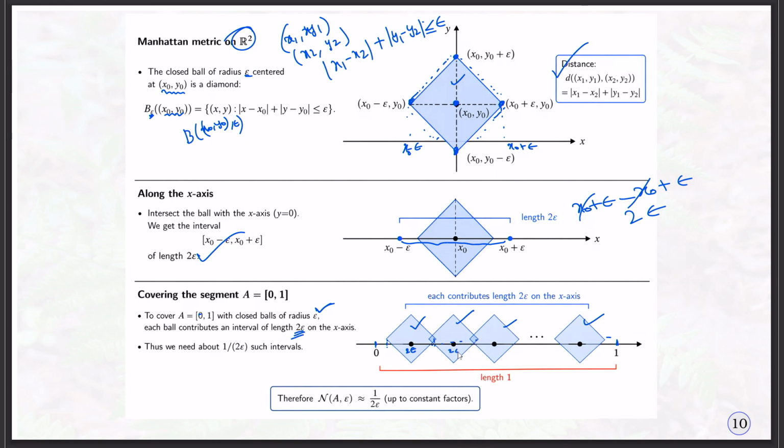This will contribute 2 epsilon, this will contribute 2 epsilon, and so on. Thus we need about 1 by 2 epsilon such intervals. Therefore, the number of boxes required to cover A with radius epsilon is proportional to 1 by 2 epsilon, up to a constant factor.